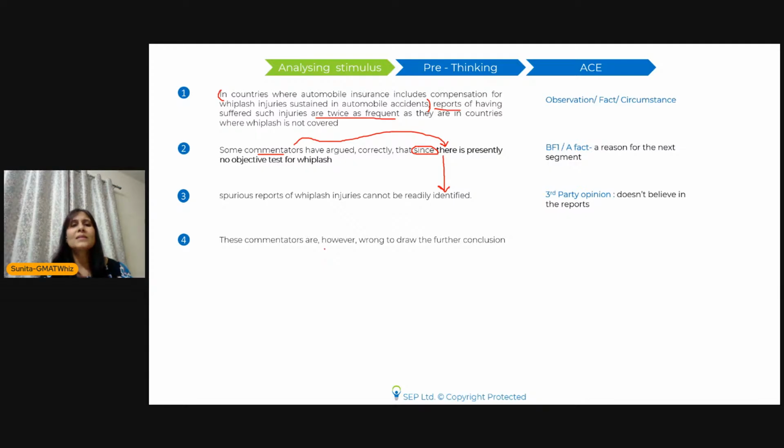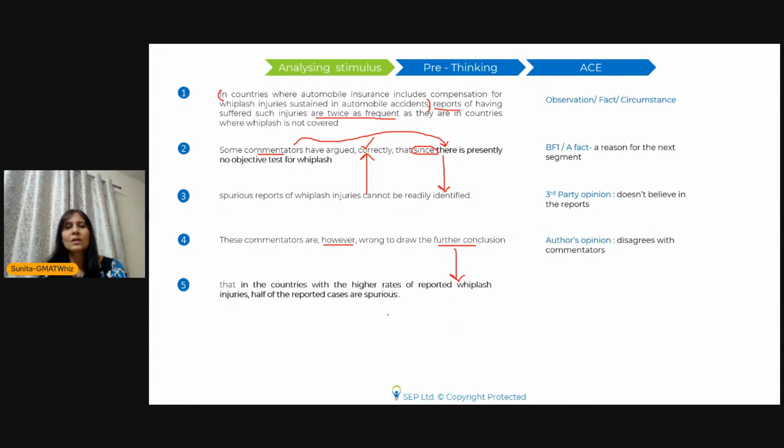These commentators are, however, so we have our however introduced here, wrong to draw the further conclusion. Okay, so this conclusion the author agrees with, but there is a further conclusion which is going to come up which the author disagrees with. And that conclusion is whose conclusion?